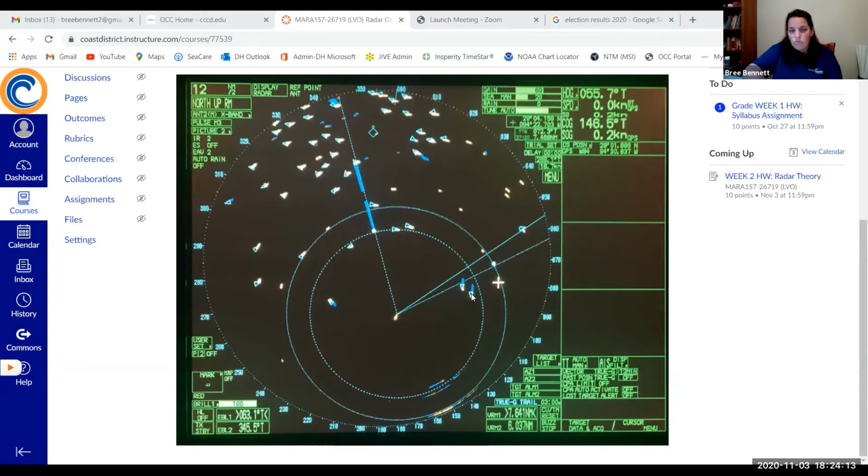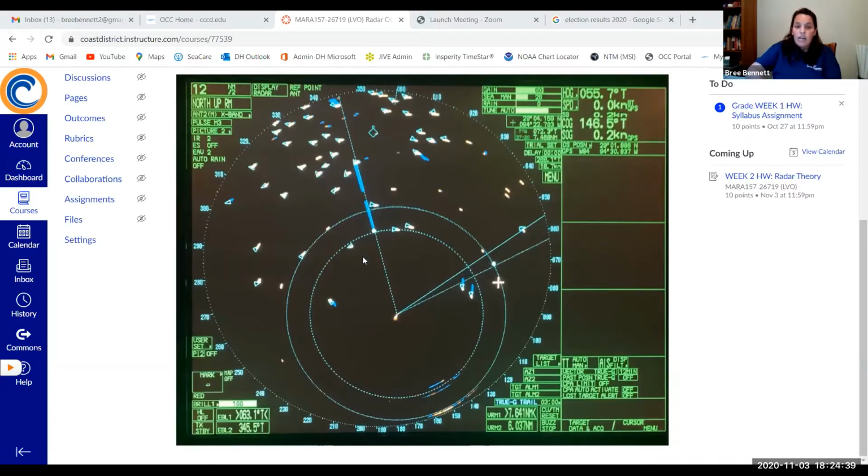So we can make that ring change as far as we want. So in this case, we have an EBL measuring this contact, and then that VRM is measuring its range. So we've got a range and a bearing from us, and then we take that information and we put it on the plotting sheet.